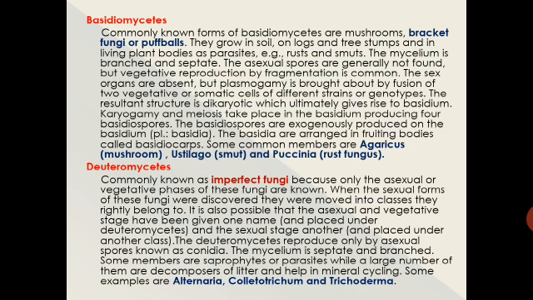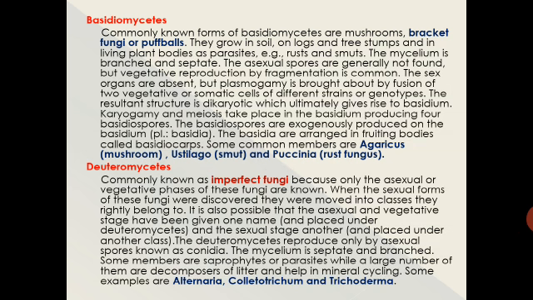These basidiospores are exogenously produced on the basidium. The basidia are arranged in fruiting bodies called basidiocarps. Some common examples are Agaricus, Ustilago, and Puccinia. They are commonly called bracket fungi or puffballs.